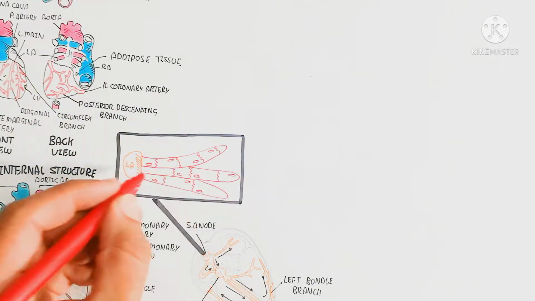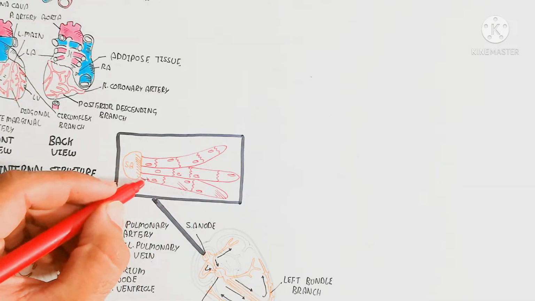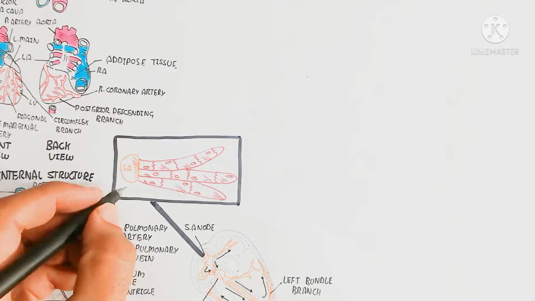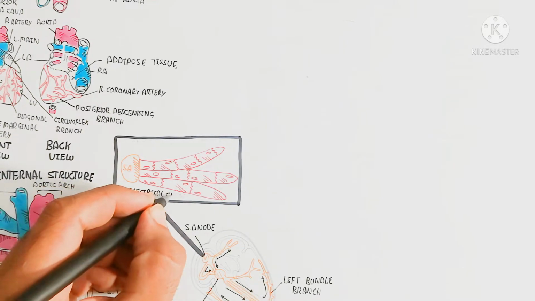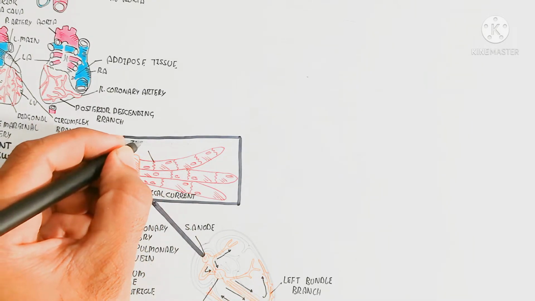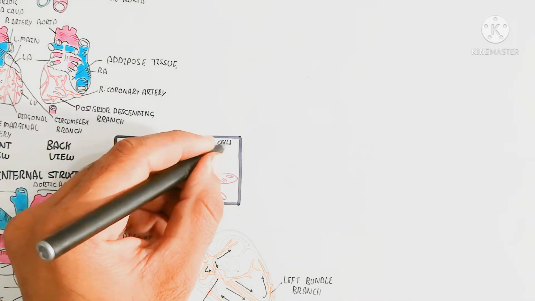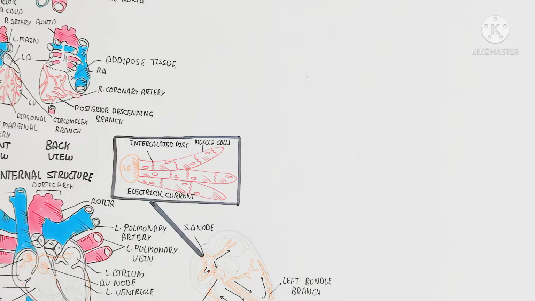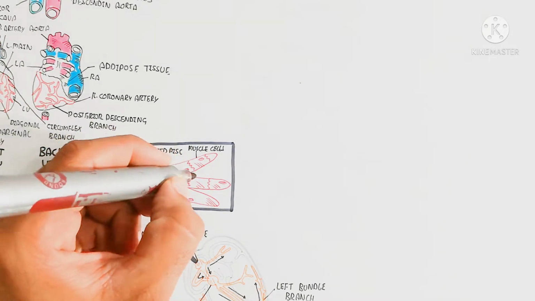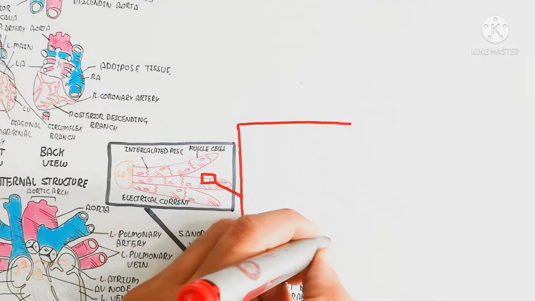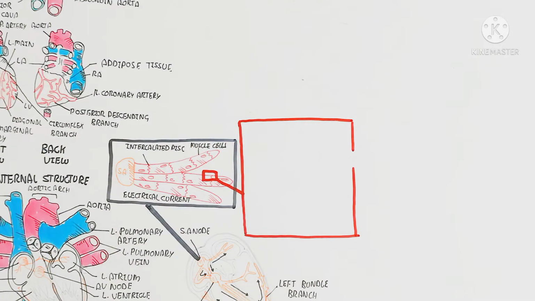On the other hand, the intercalated discs are present in the myocytes, the muscle cells, and the electrical current is transmitted through calcium channels. Calcium is used for depolarization, though we are not going into that in detail. But as an overview, the calcium binds with the troponin on the actin filament of the myocyte, so that the myosin can bind.